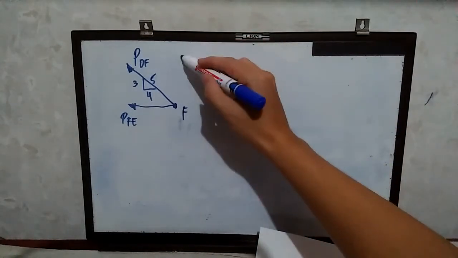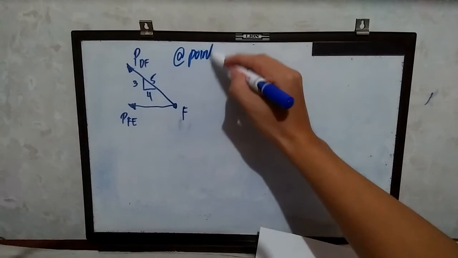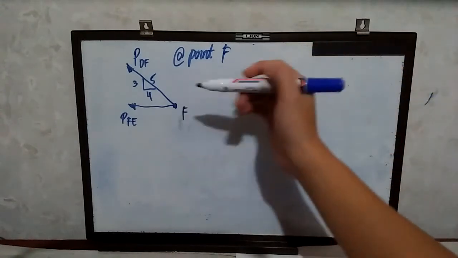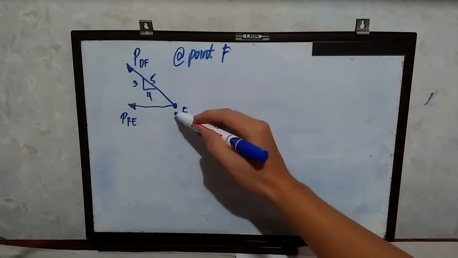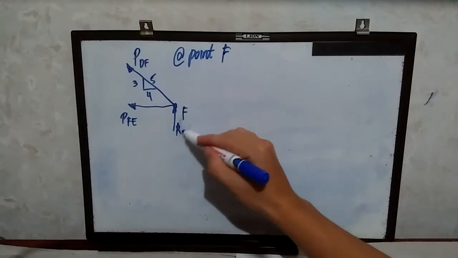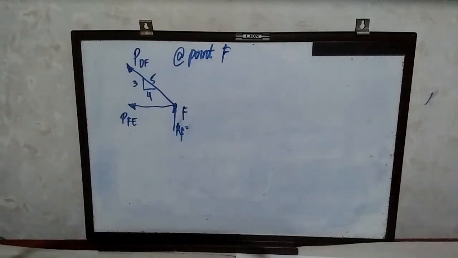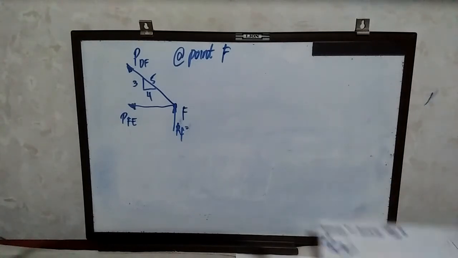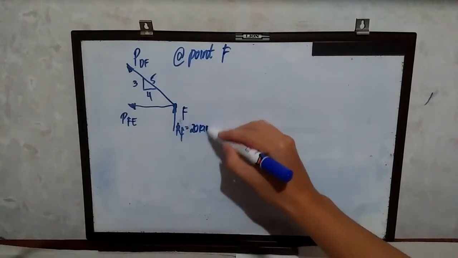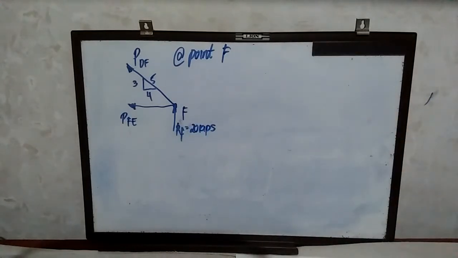This is at point F, where we are applying the method of joints. Let's solve for member DF. We have the reaction R sub F, which, going back to the earlier result, is 20 kips, so 20,000 pounds.